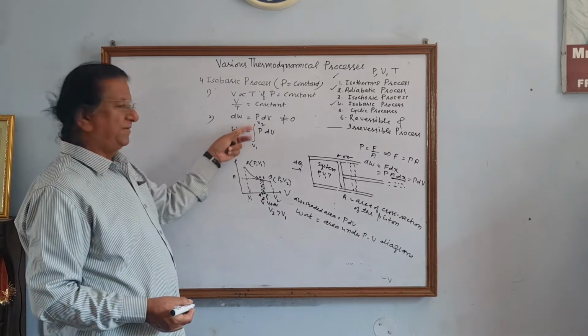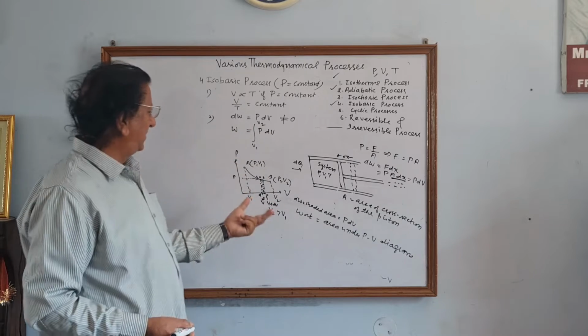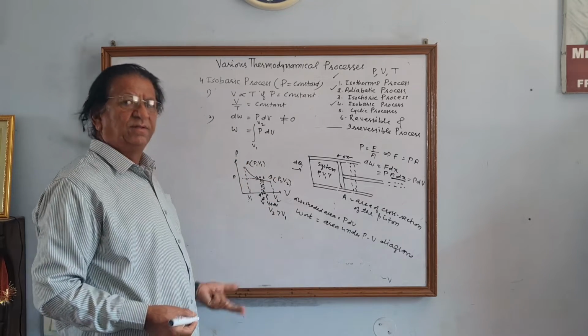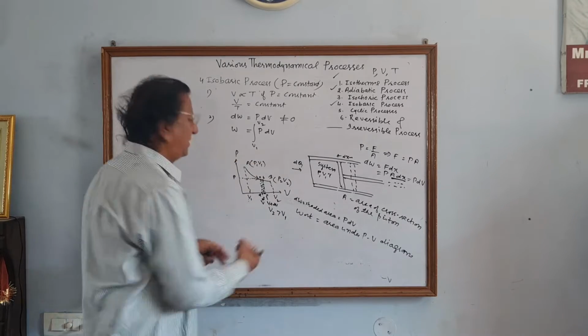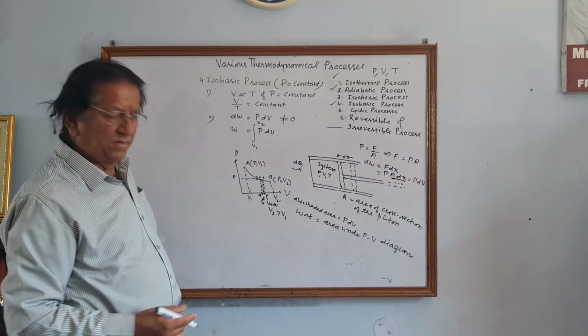Mathematically, just integrate from V1 to V2, and graphically take the total area under the graph between the two states A and B. Whatever area is inside, you take that, okay?